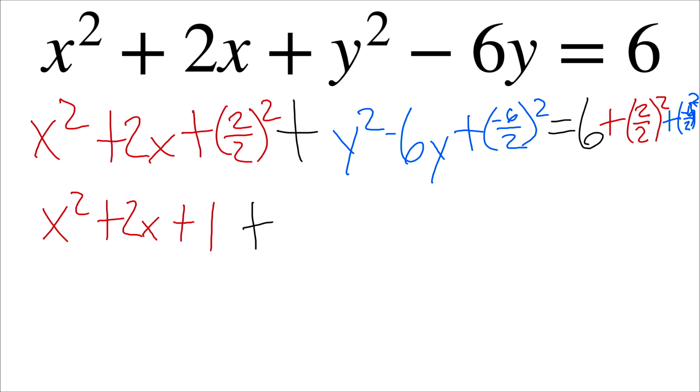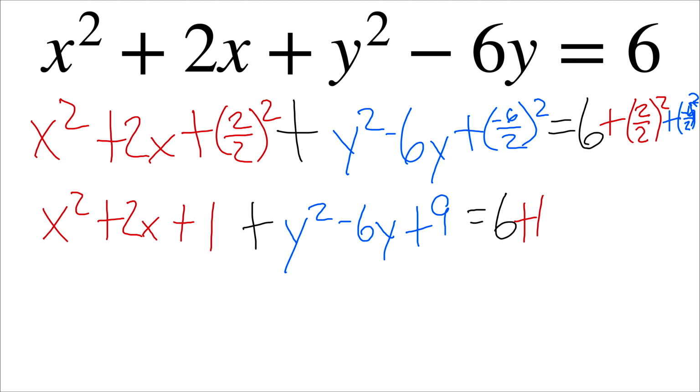Over here we have y squared minus 6y plus negative 6 over 2, which is 3. 3 squared is 9. And that's going to equal 6. And we have to do the same, plus 1 plus 9.